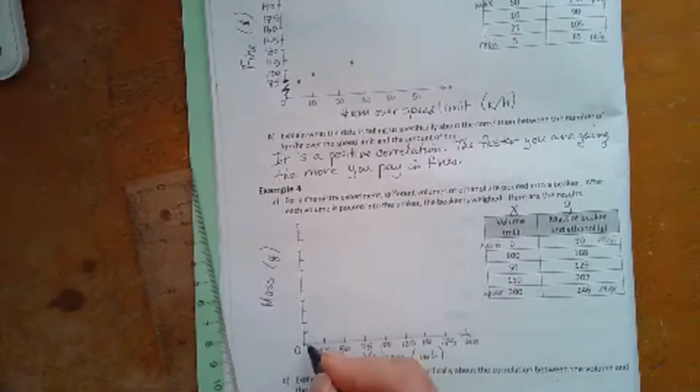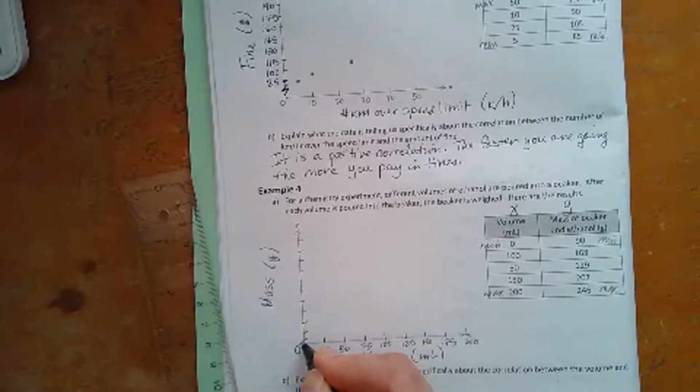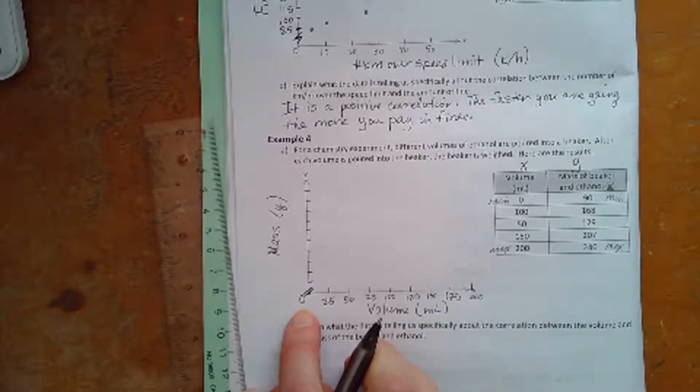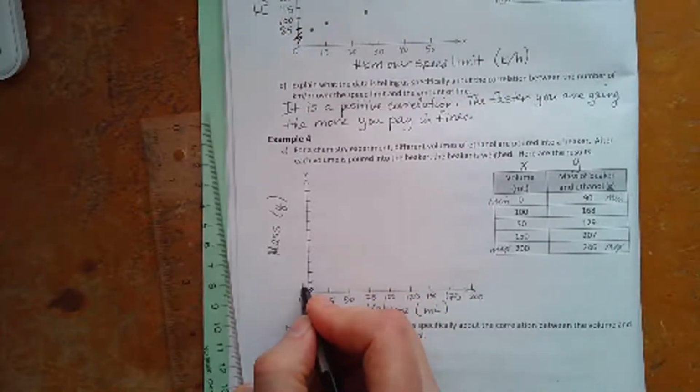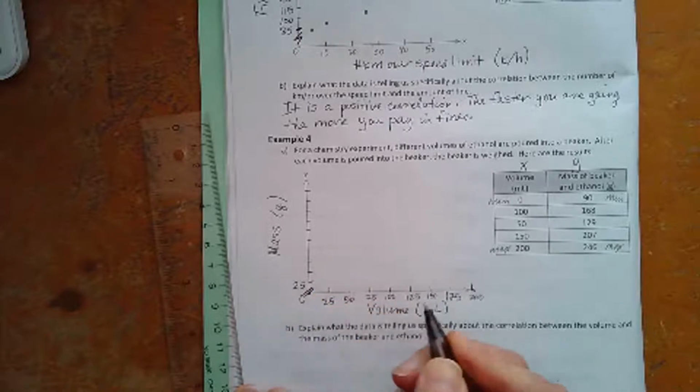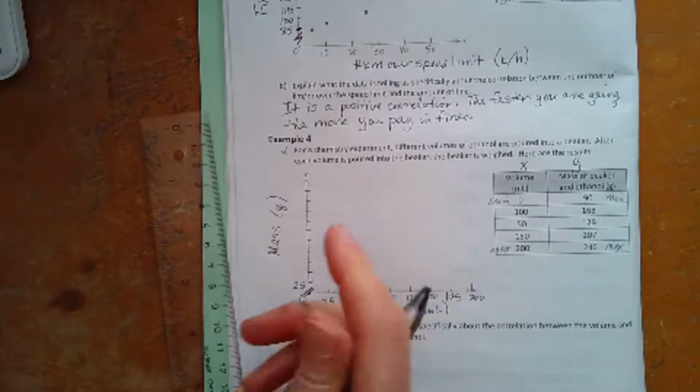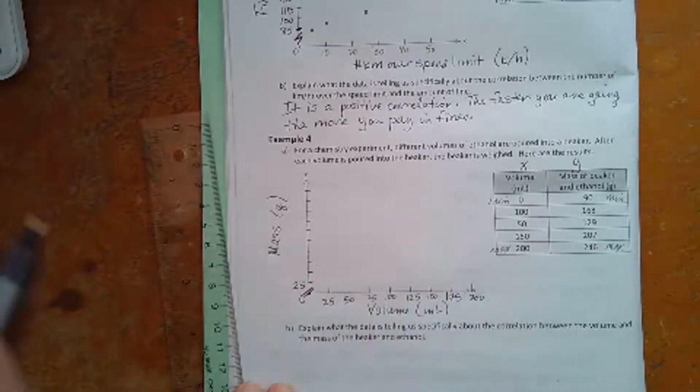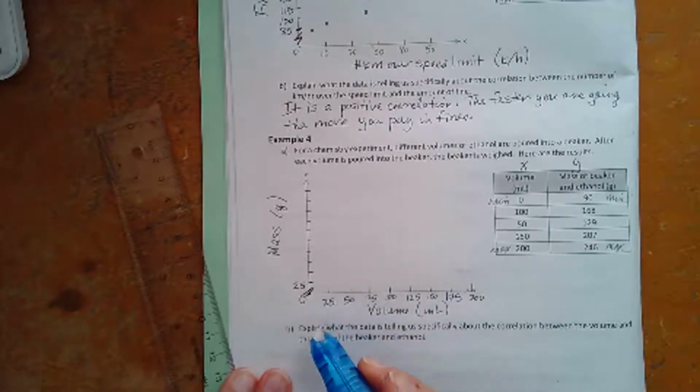Okay, so that works. Now I just have to put a little hashtag here, right? Indicating I'm not starting at the corner as 0, but I'm going to start at 25. Or actually, probably I don't even need the hashtag. I just realized that. Sorry, I don't need the hashtag this time.